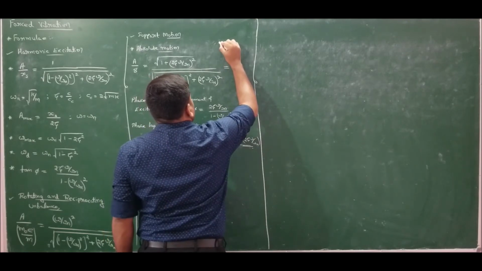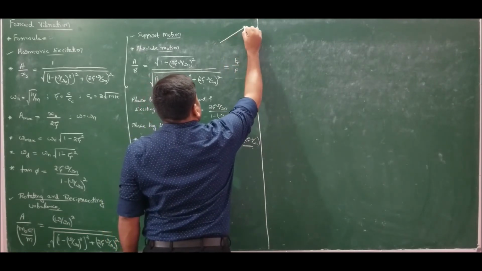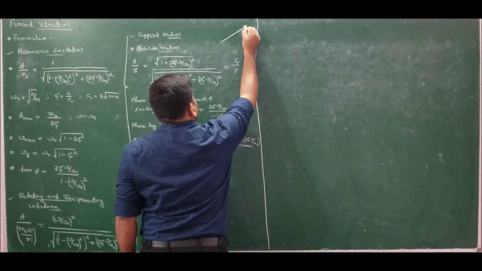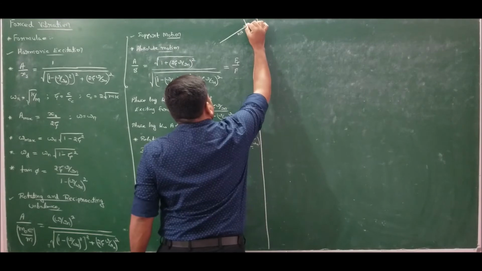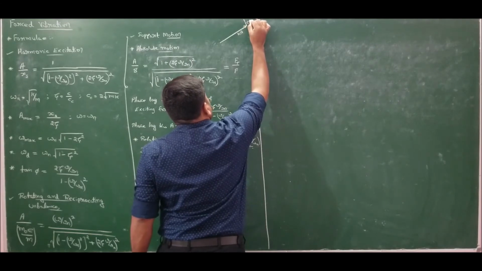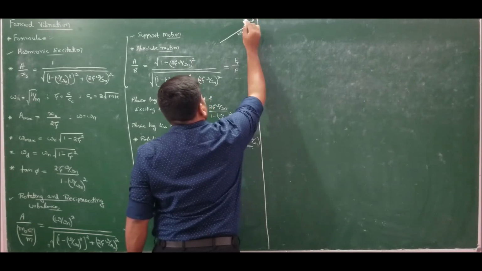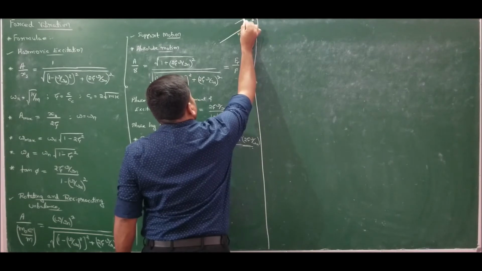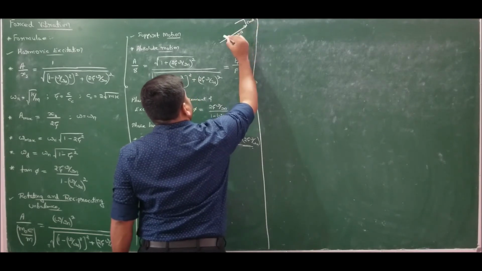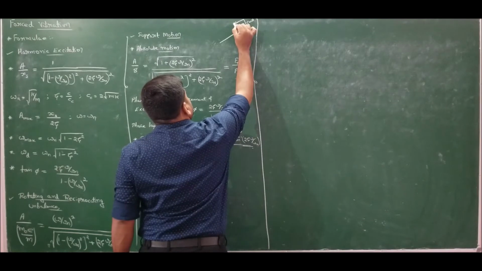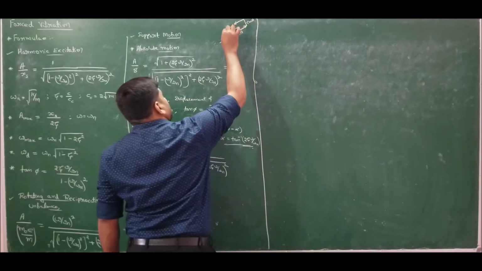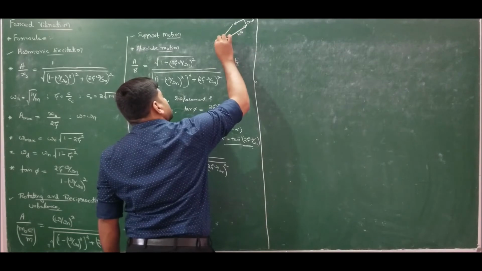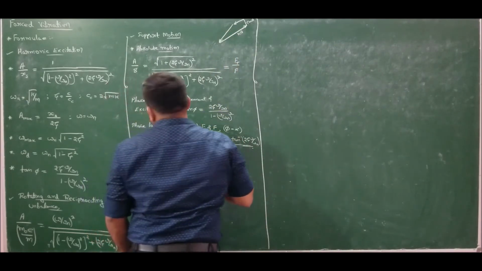We have this is Ka, perpendicular to which we have the damping force C omega A, and we have the inertia force at an angle of 180 degrees to the spring force. This is the inertia force, and we have the applied force F.